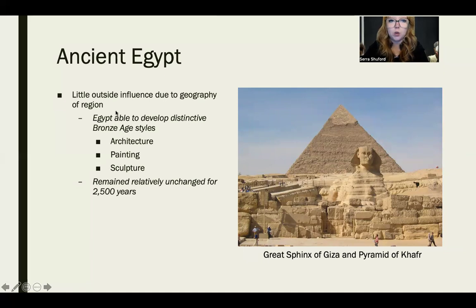Because they were off to the side from Mesopotamia, there was little outside influence, and Egypt was able to develop their own distinct styles during the Bronze Age, including their architecture, painting, and sculpture. And so the pyramids, the Sphinx here, the way of life essentially was so different than other places during this time period because they were able to develop it in their own way.